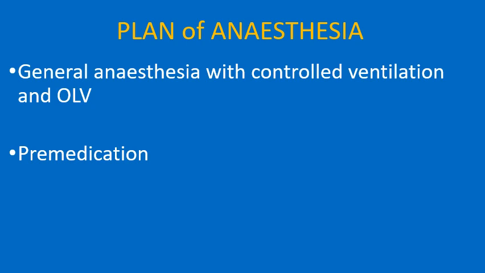And in patients who have increased pulmonary artery pressure or increased right ventricular systolic pressure, that is more than 35 millimeters of mercury, or pulmonary hypertension, we have to avoid sedative premedication, because it can cause hypoxia and hypercarbia, leading to a further increase in pulmonary artery pressure.